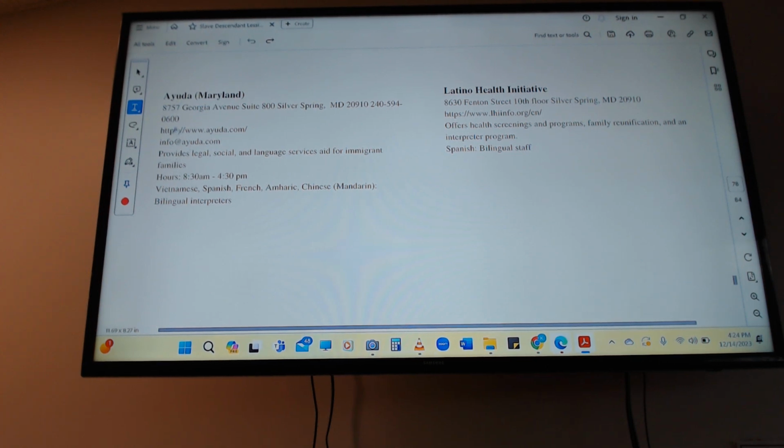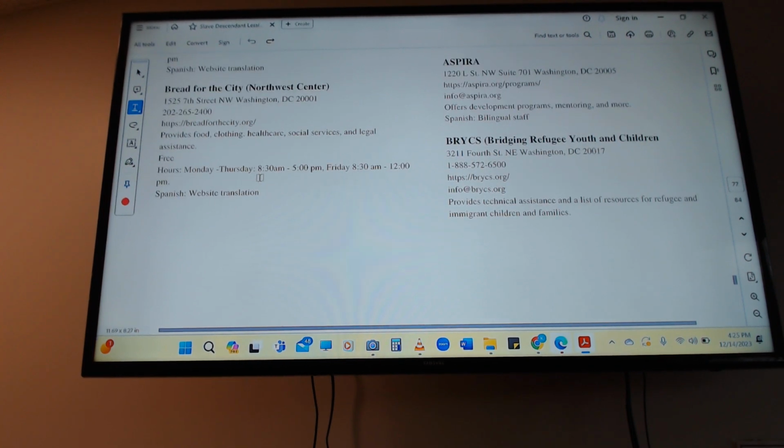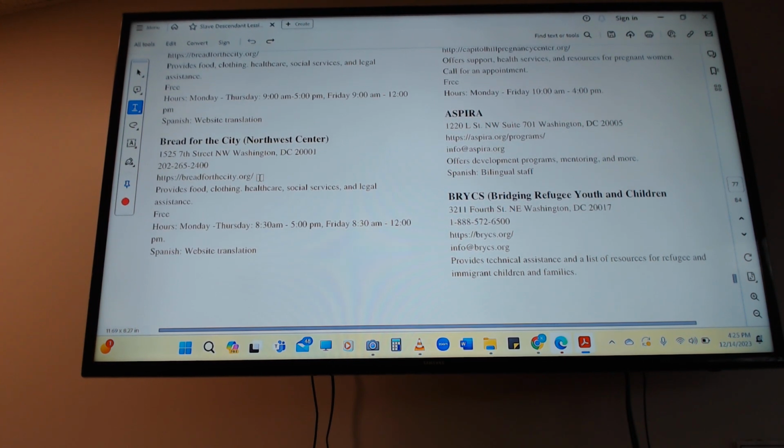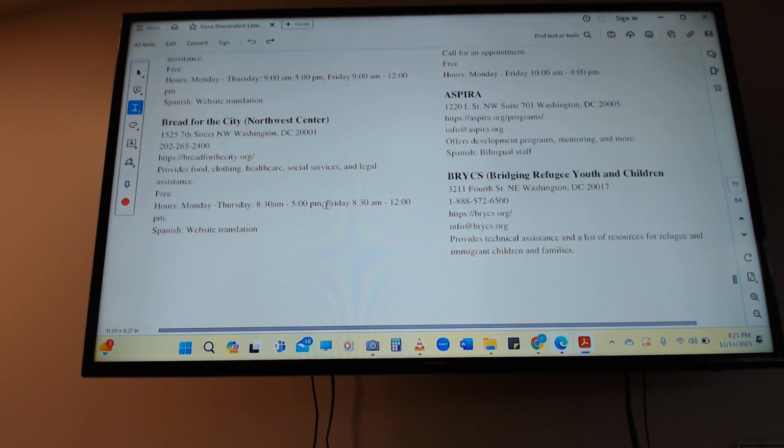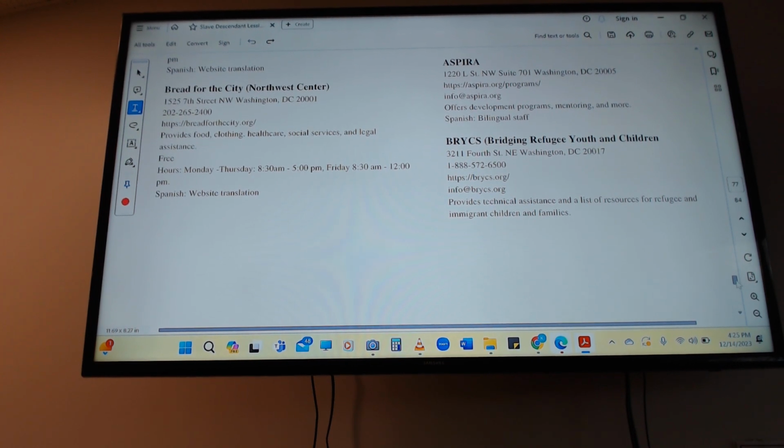Okay, so this group here, whatever it is, they provide legal, social, and language services for immigrants, families, and Latino health initiative over here for reunification, family reunification. So just to talk about who's getting all this help, and I know these are the people that need this type of stuff. But everybody's in here except for us.